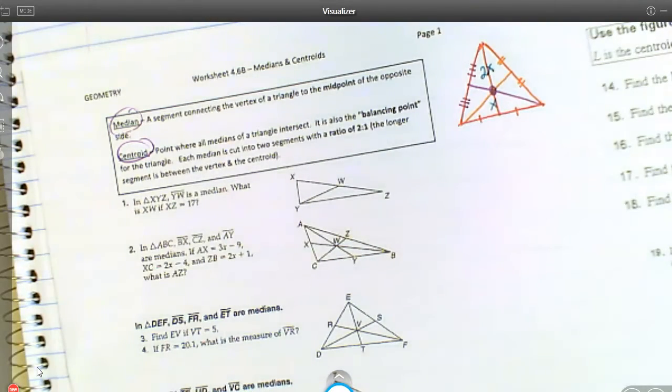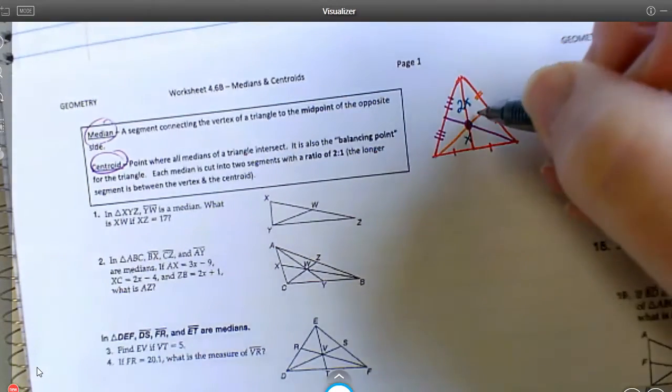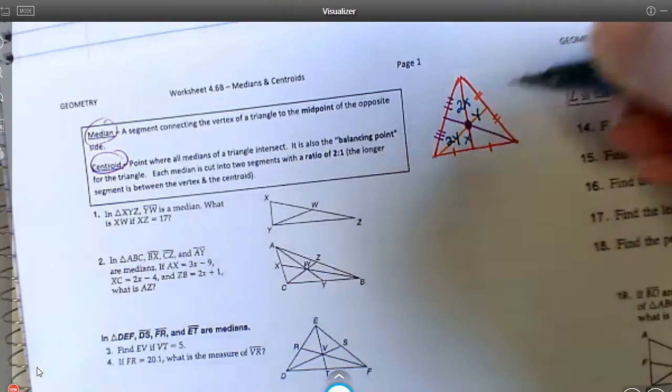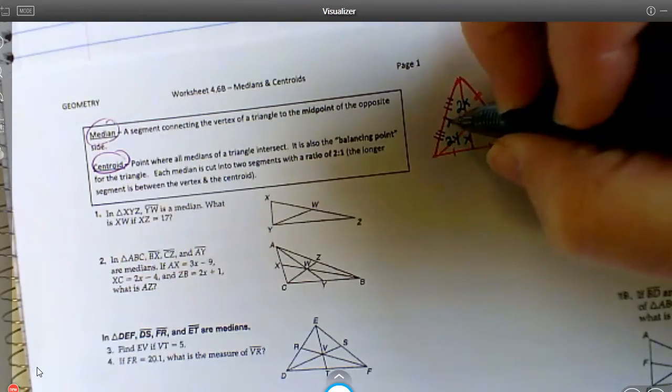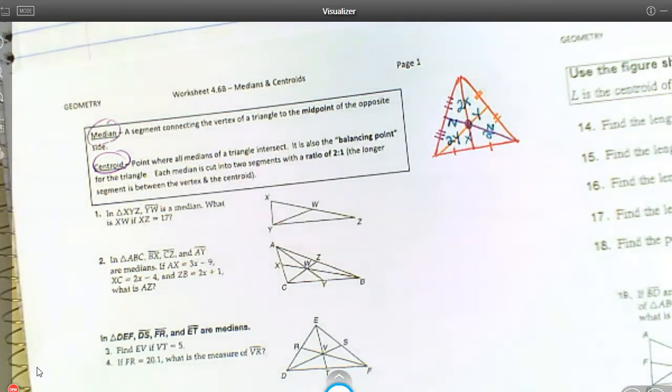And that's on every median. So if I do it right here, the part from the vertex is twice as long, so that's 2y if that's y. And if this is z, this is 2z. So the part from the vertex to the centroid is twice as long as from the centroid to the side.